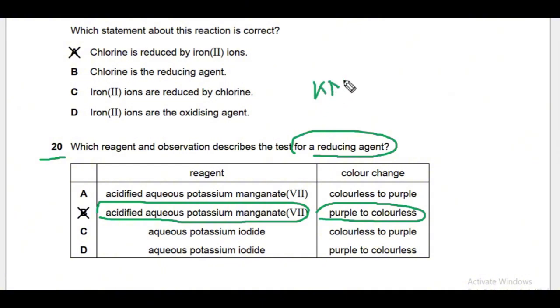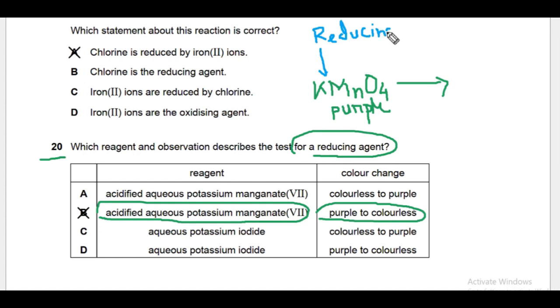That means KMnO4 is purple in color, so if you add any reducing agent, it will go to colorless.